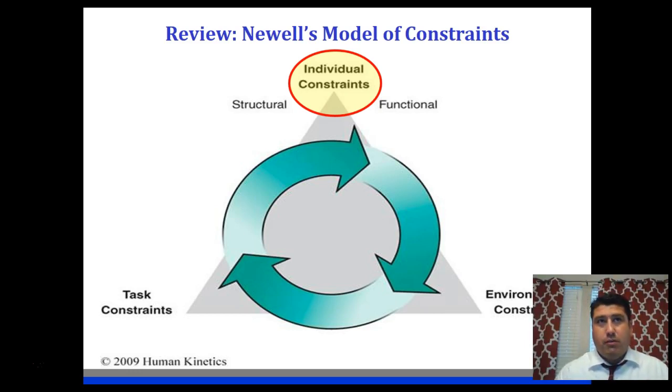Now, when we look more generally at specific movements, I use the example of shooting a basketball because most people are familiar with shooting a basketball. I'm not saying that everyone has the ability to shoot the ball at a proficient level like a collegiate or an NBA basketball player will. But everybody understands that the first time you pick up the ball, when you're a small child, in order to complete the task, you have to use whatever resources you have at the time. And at a young age, you simply don't have the strength or the structure to shoot the ball the same way a collegiate basketball player would.